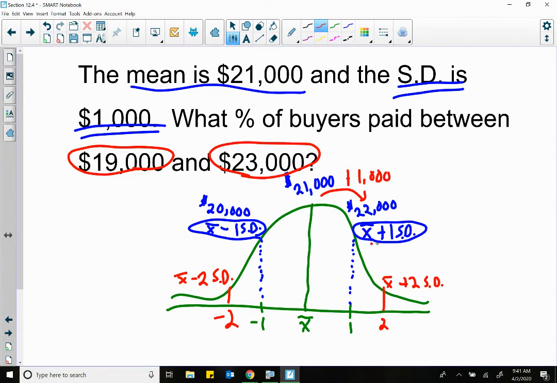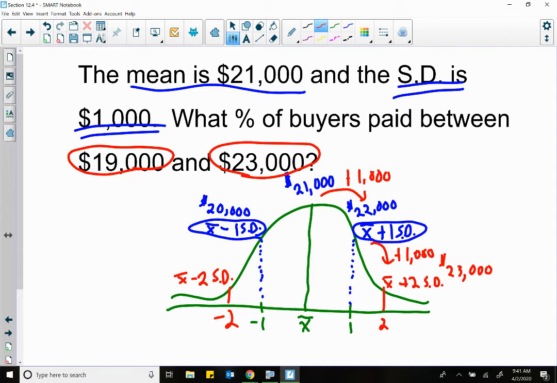To get from one standard deviation to 2 standard deviations, add 1,000. So at 2 standard deviations, we're at, oops, I almost put 2,300. Silly me. $23,000.